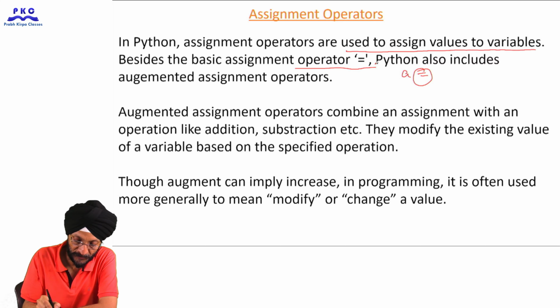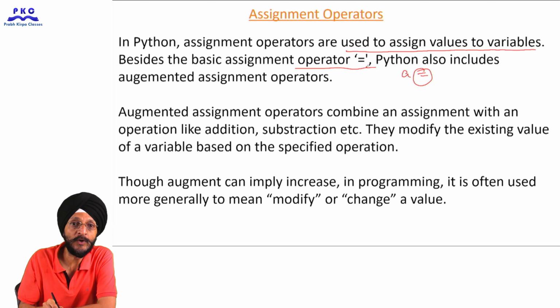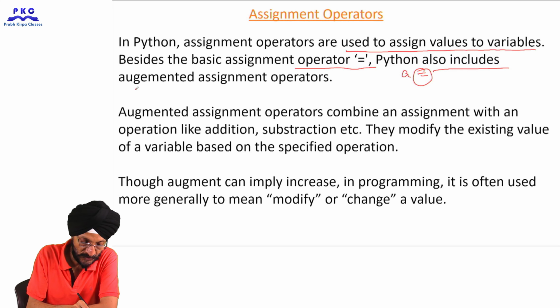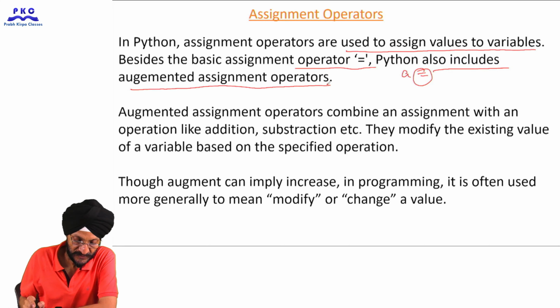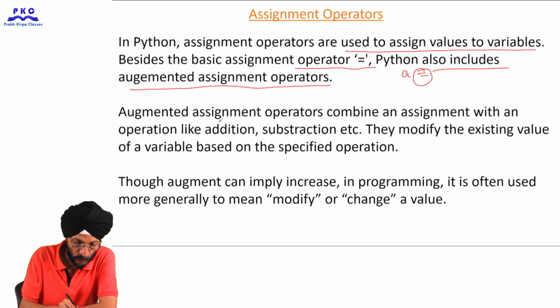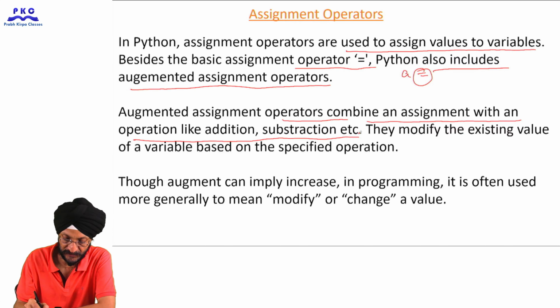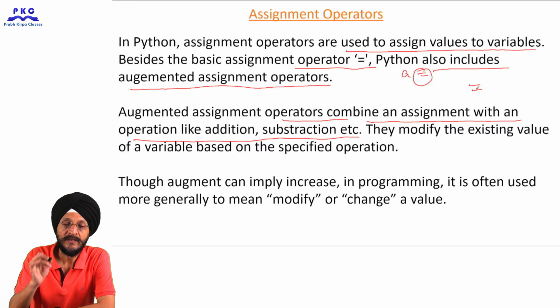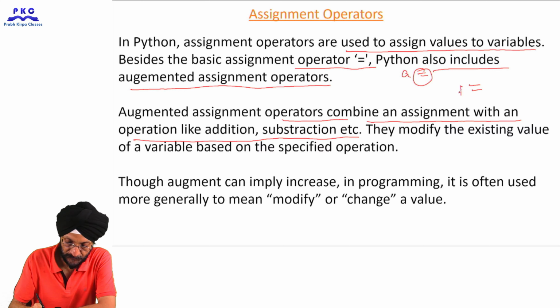Besides the assignment operator equal to, Python also includes augmented assignment operators. Augmented assignment operators combine an assignment with an operation like addition, subtraction, etc. It means that in addition to is equal to, there can be addition, there can be subtraction, there can be multiplication.